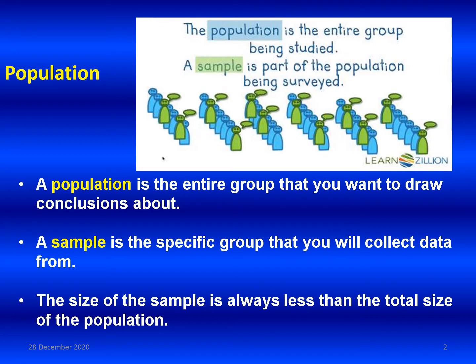Population is the entire group to which the findings from the sample will be projected, or the entire group that you want to draw conclusions about from the sample. The size of the sample is always less than the total size of the population because a sample is a part of the population being surveyed.